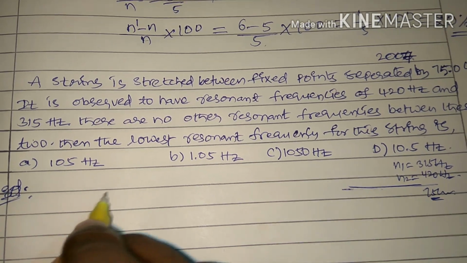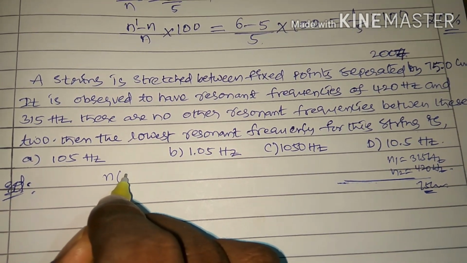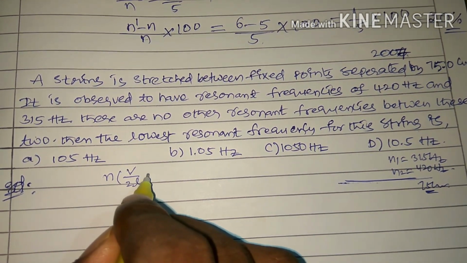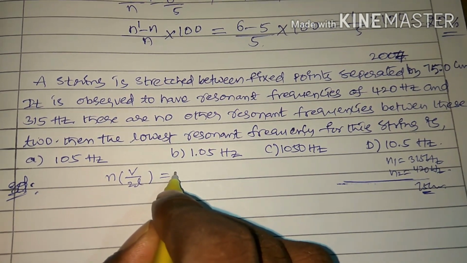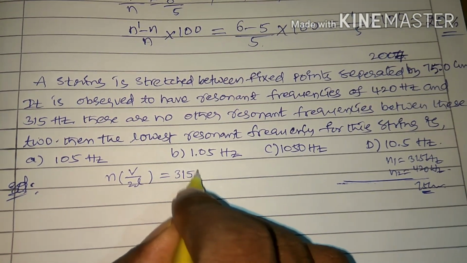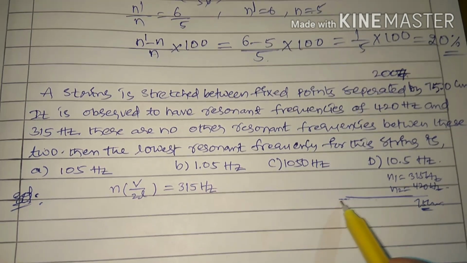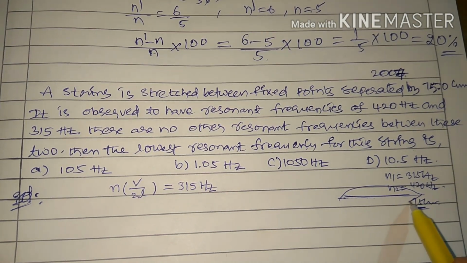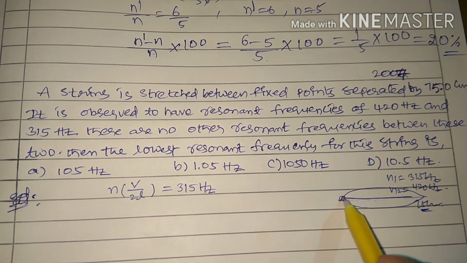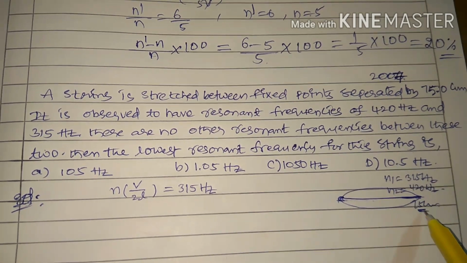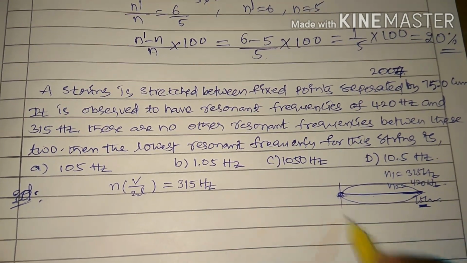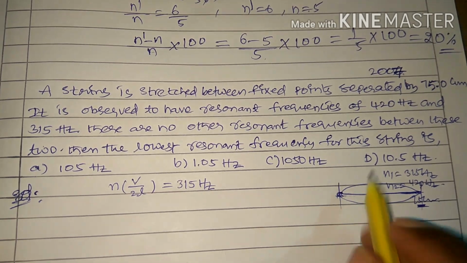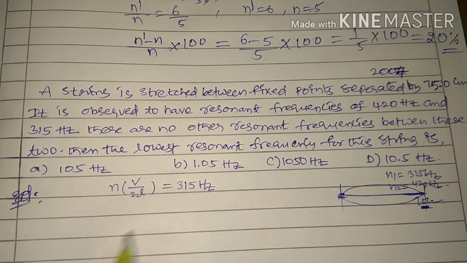The first resonating frequency, n into V by 2L, is equal to 315 Hz, because the string is fixed between 2 points 75 cm apart.